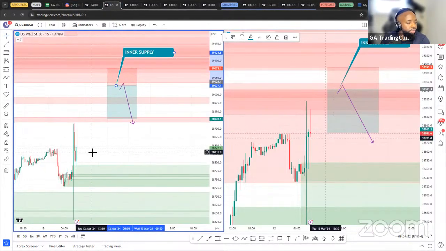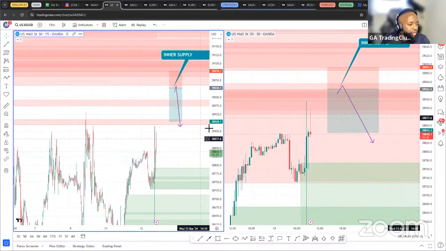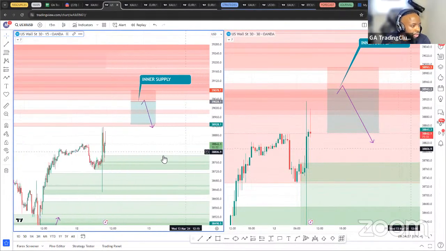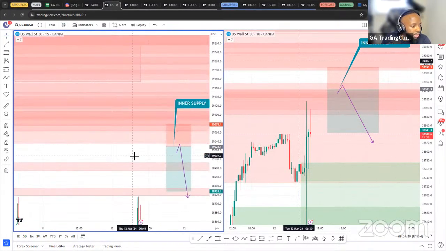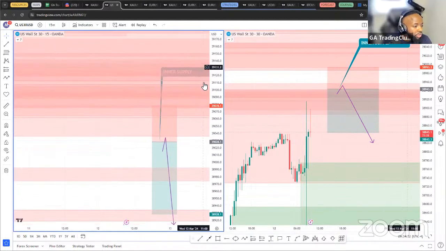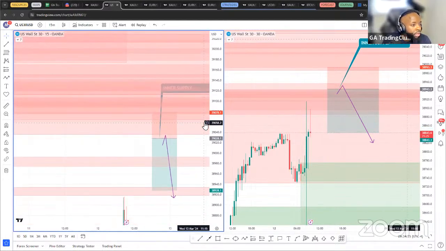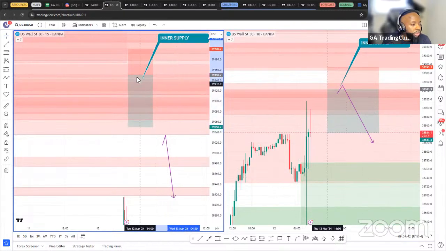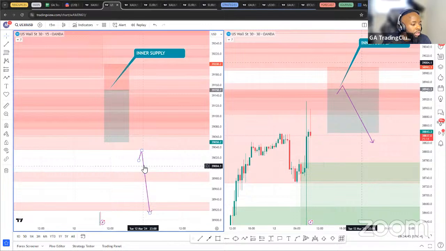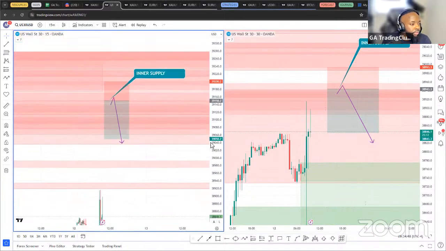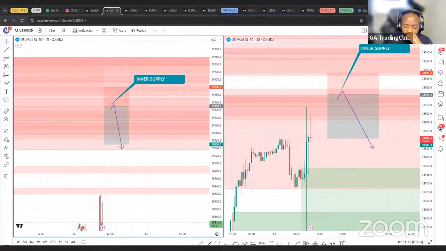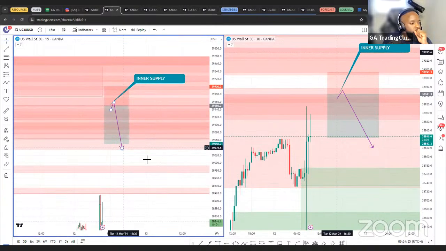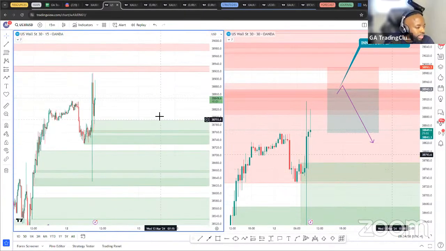And then checking what zones we have currently where price is at. For US 30 on the 15-minute time frame, the zones we have here would be, let's see what we have. So this zone all the way up here, and that's a supply zone.